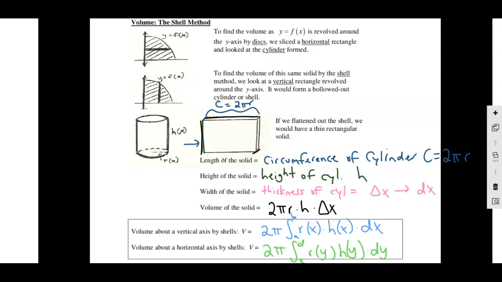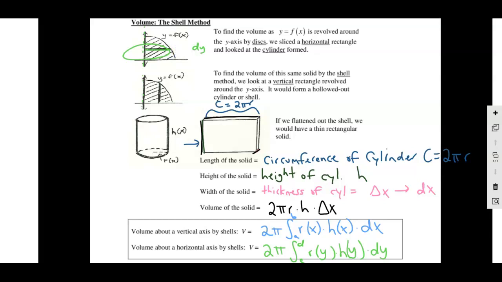Really, disks and washers are kind of like one method, and then the shell is the counterpart. The disks and the washers are the perpendicular slice, and the shell is the corresponding parallel slice. One of them will be the dx, and the other one would be the dy. For instance, if this axis of revolution was the y-axis, then if I have a horizontal slice, that would be a dy integral, and that would end up being the disks.